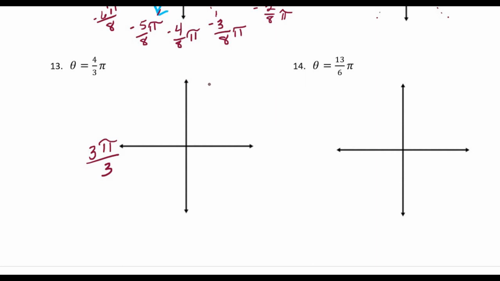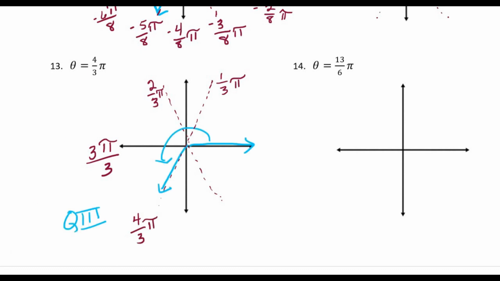When you're dividing into thirds, you're going to have a steep line with a positive slope, a steep line with a negative slope. So you have 1/3 pi, 2/3 pi, and 3/3 pi. So 4/3 pi would be down here in quadrant 3.